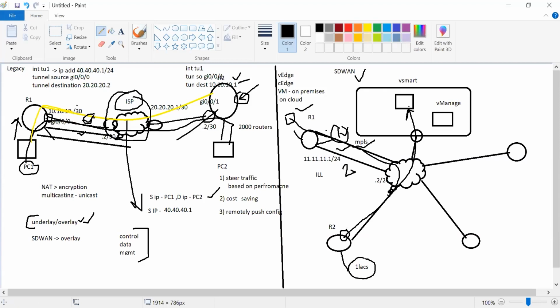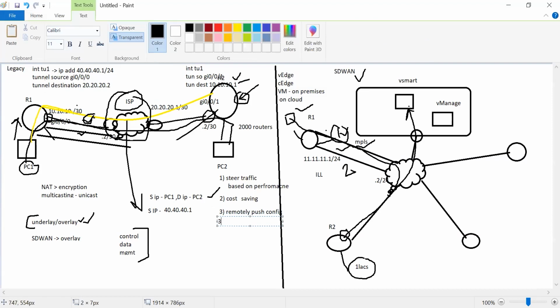Okay, got it. Whenever you think about SD-WAN, just first think of the limitations that you see with traditional networking. We can remotely push the configuration. What else? Cost saving. In SD-WAN, we have application recognition, which is called DPI, deep packet inspection.